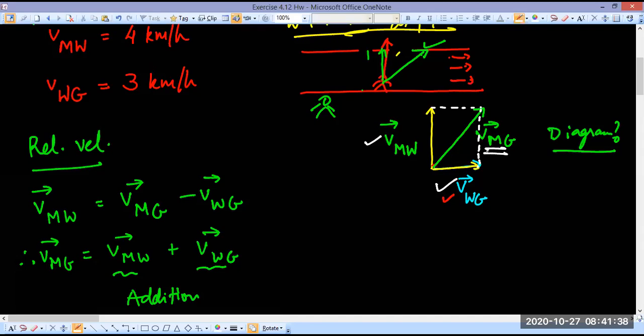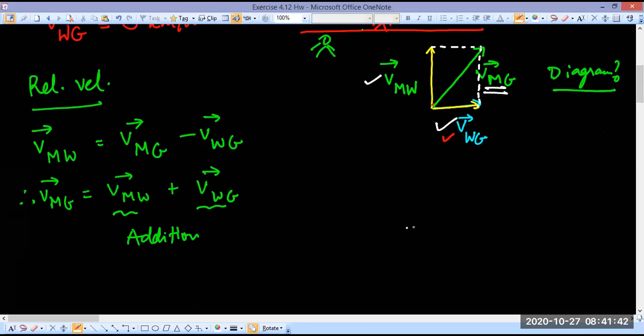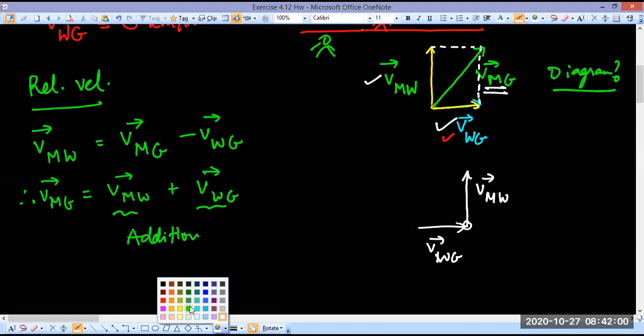Okay, this can be done with the triangle law. You might wonder why you don't use the triangle law; you can. If you do it with the triangle law, it will look like this. VWG is here, then I'll have to draw VMW from here, because you have to draw the second vector from the head of first, and now you join the tail of first with the head of last.